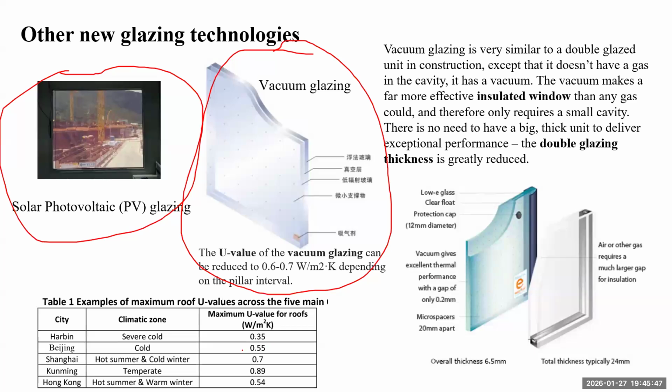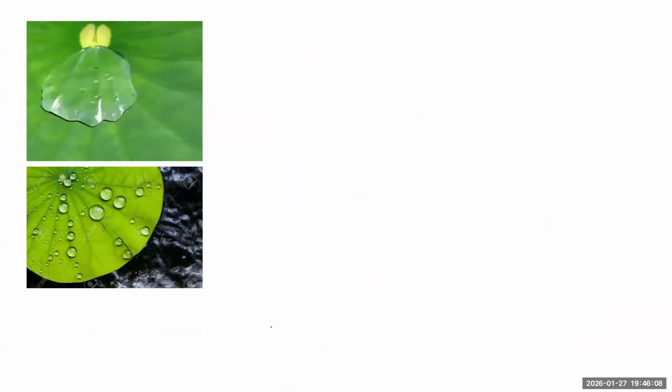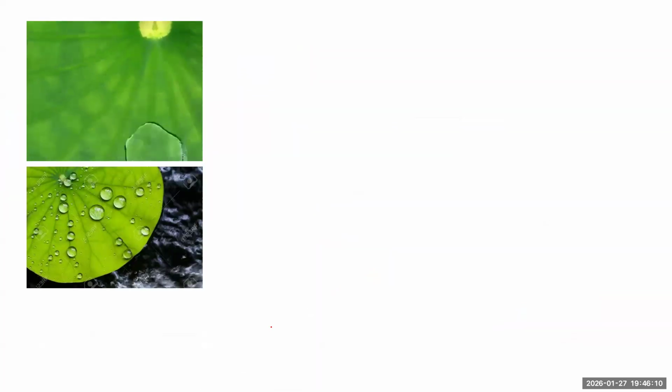For Harbin, the maximum U value for roofs is 0.03. But vacuum glazing is very thin, yet has a similar U value to a very thick building roof.